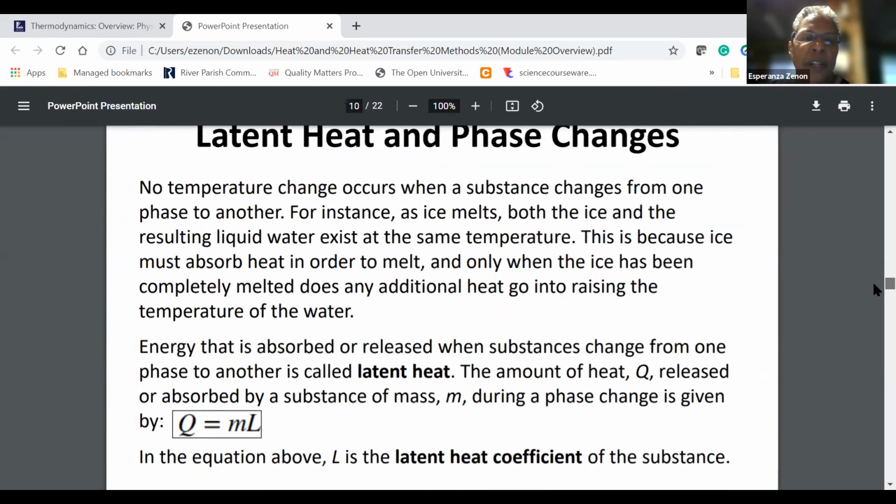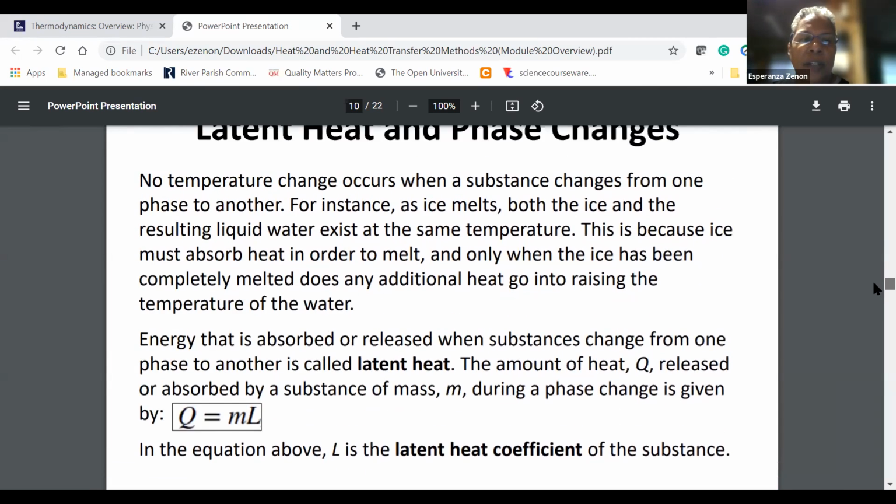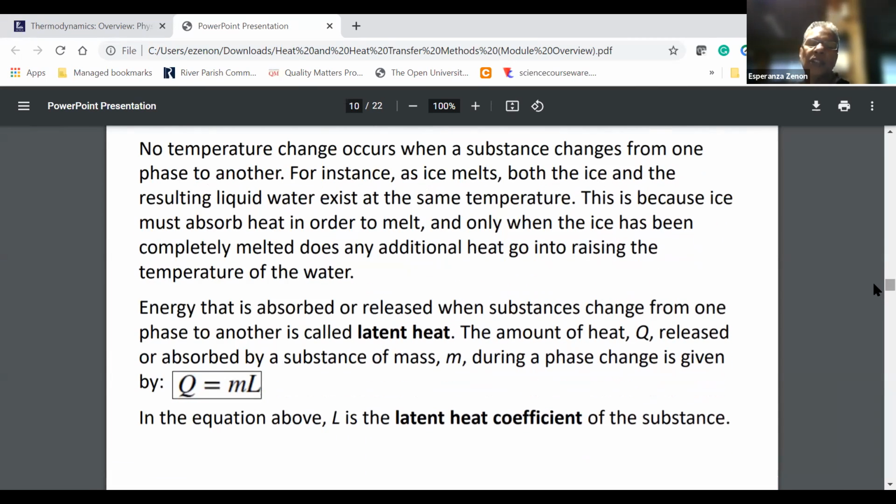The other heat transfer process that we care about is called the latent heat, and that deals with phase changes. So the formula that we just looked at depends on the temperature difference. The latent heat formula, which relates to phase changes, notice the formula in the box, does not depend on a temperature difference. But why not?